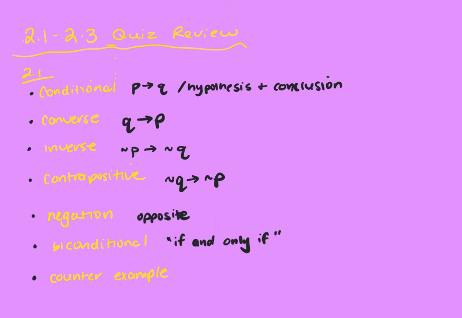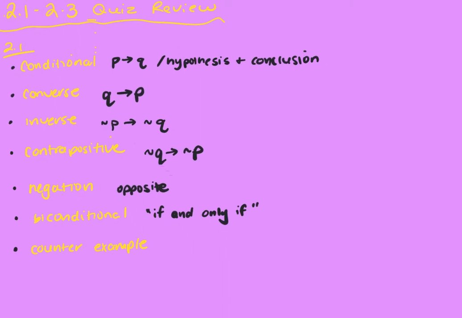And a counter example is something that makes the if true, but the then false. So the if part of your statement is true, but the then is false.